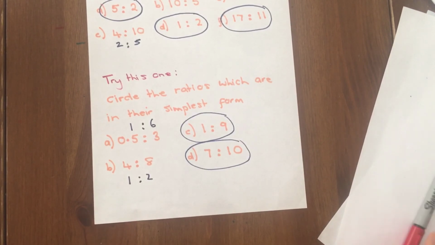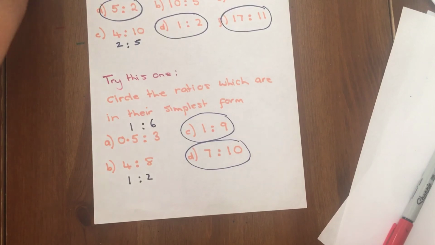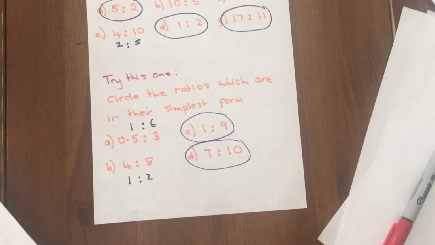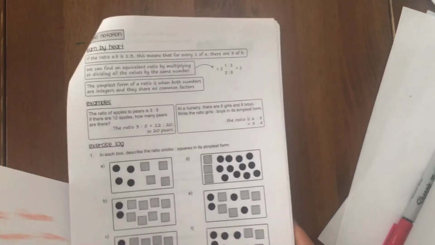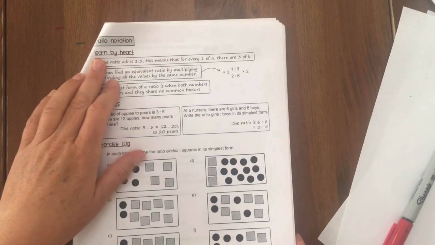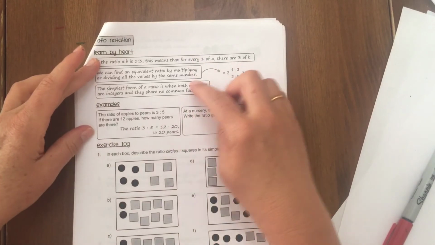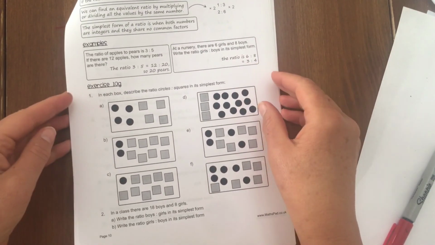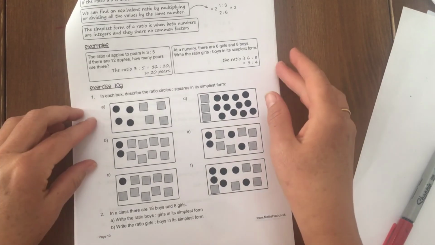Okay, now you're going to have a go at the work that I've asked you to do in your Show My Homework. Because I haven't actually written it down, but it's going to be ratio. So your starting ratio. It's got an introduction here of what I've been through. You're going to start exercise 10G on page 10.